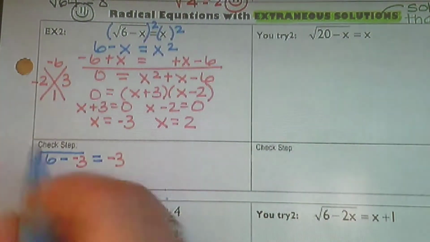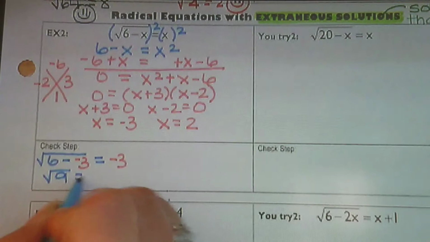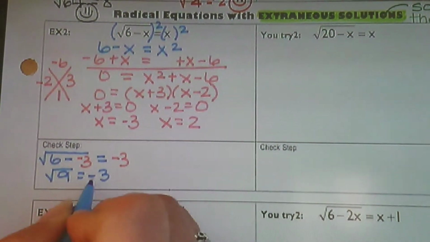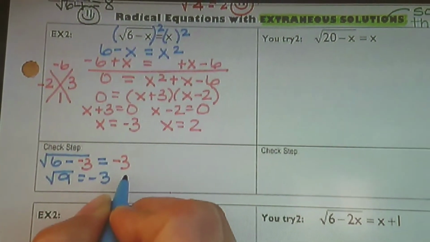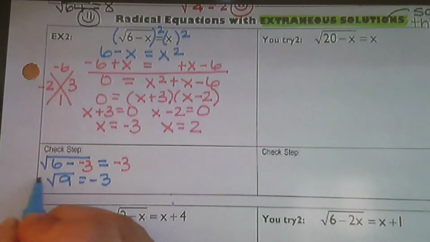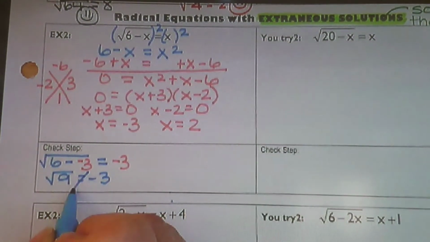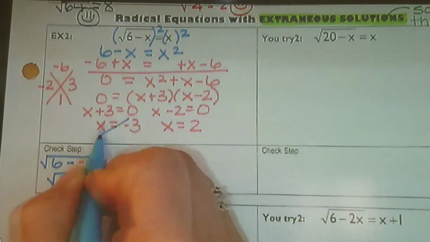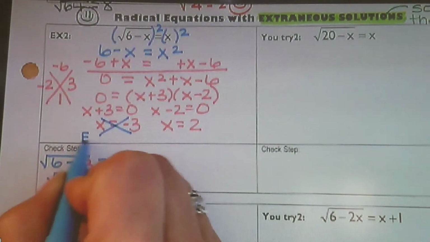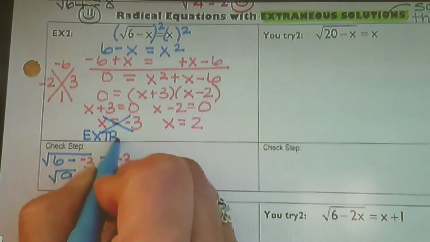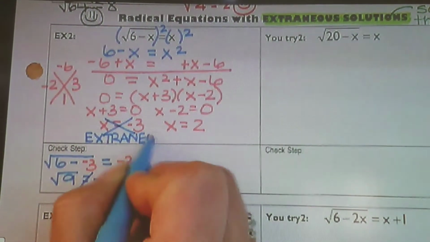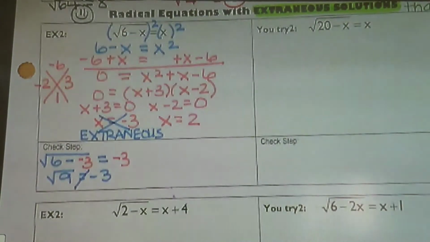Oops. Does the square root of 9 equal negative 3? No, because there's no negative out here. Okay? So this is not true. So this one doesn't work and we call it extraneous.